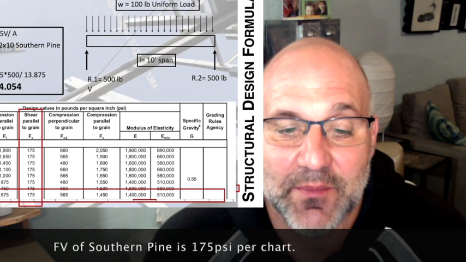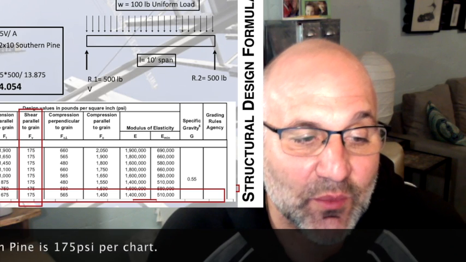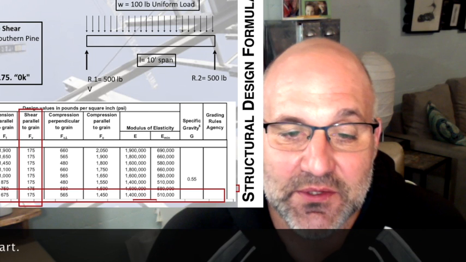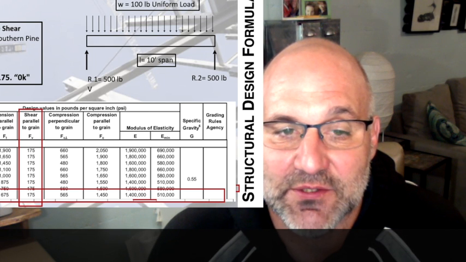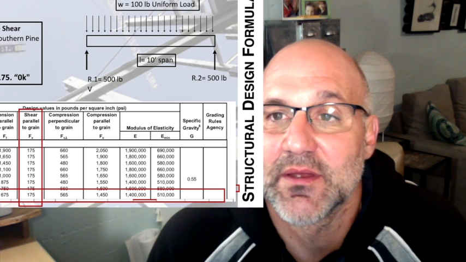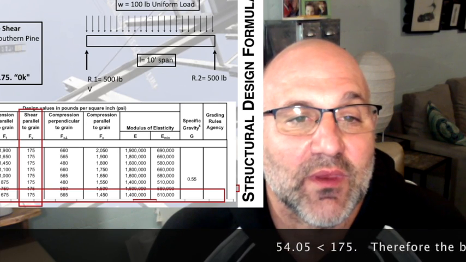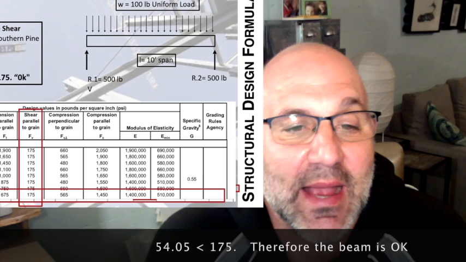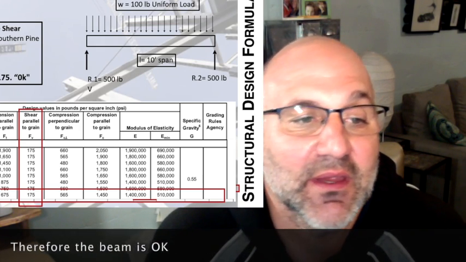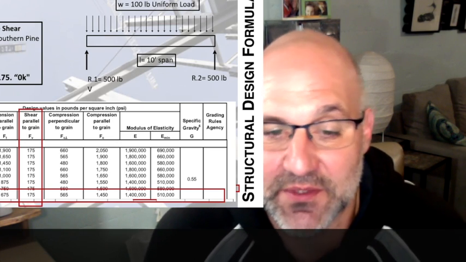So in this example, a number 2, a number 1, select structural, dense structural, all of those, it all is the same per square inch shear factor, and that is 175. So to test this, our FV max has to be less than the shear parallel to grain value of that FV. In this case here, 54 is less than 175, therefore this beam would be okay.